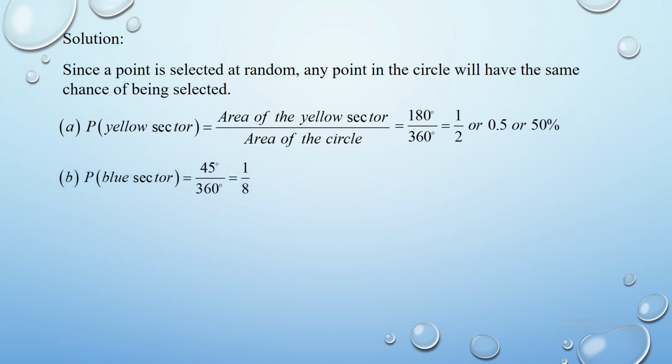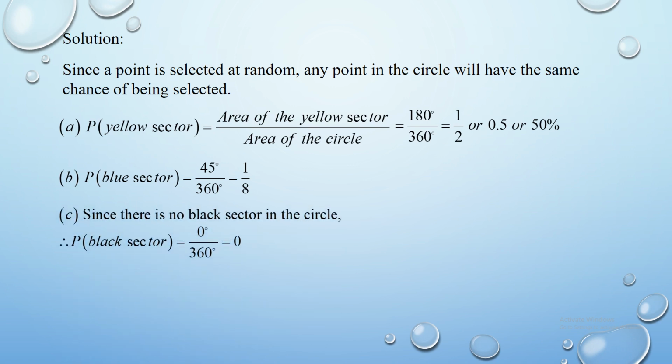B. Probability of the blue sector. The blue sector represents 45 degrees, so we compare it to the whole 360 degrees and simplify, and we get 1/8.